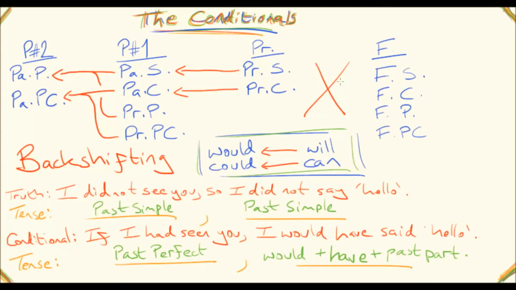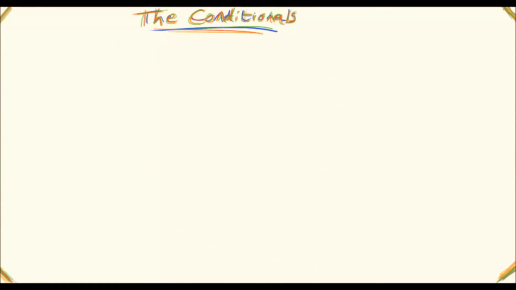So there is no backshift here, but if you can get this diagram in your head, this is how English works. Now, in a little while, we'll be coming on to having a look at some examples together, some examples of unreal conditionals, and we'll be taking the concepts we've just learnt about backshifting and exploring this idea in other grammatical areas of English as well.